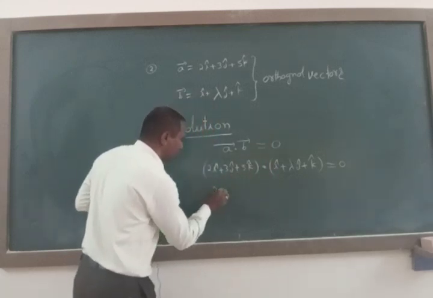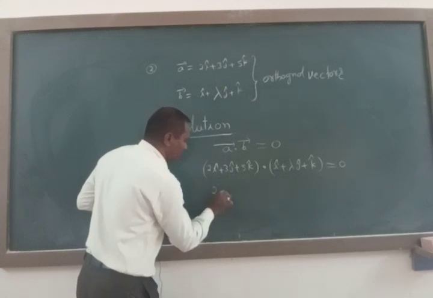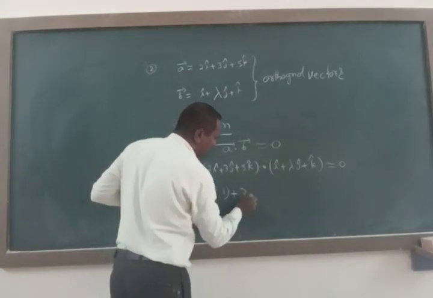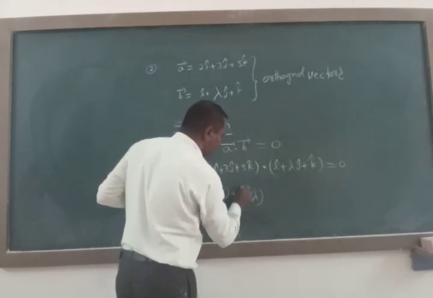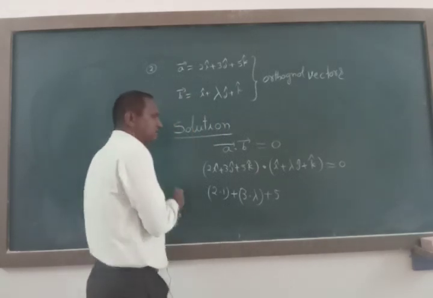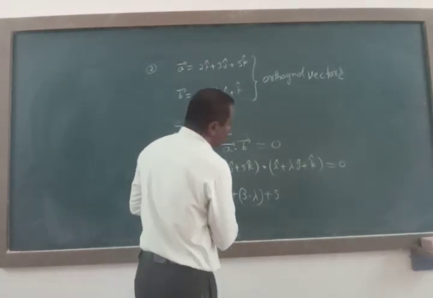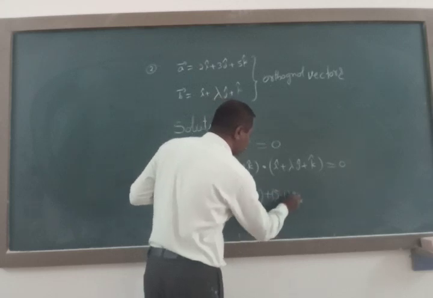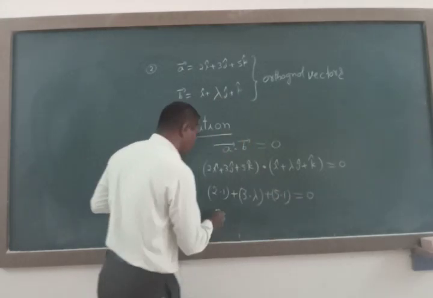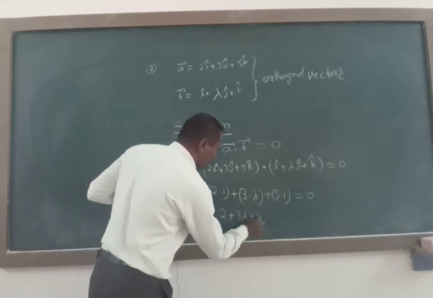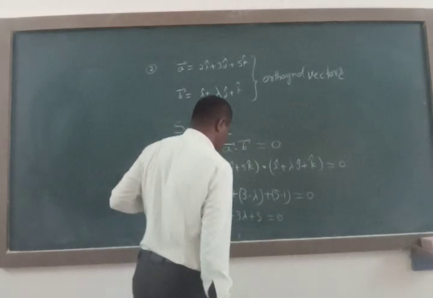Then 2 into 1 plus 3 into lambda plus 5 into 1 is equal to 0. So 2 plus 3 lambda plus 5 is equal to 0.